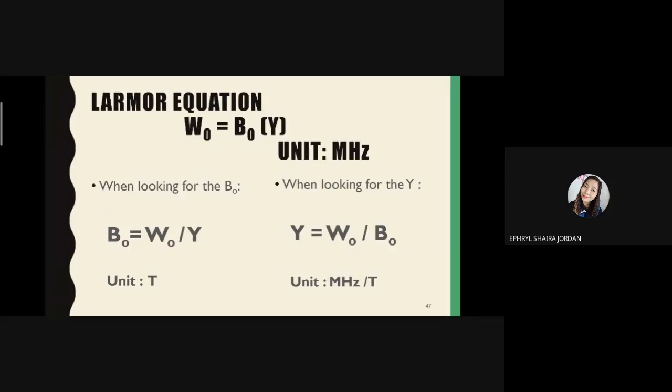If we are going to look for the B0, this is the formula: W divided by Y. So the unit will be Tesla. And when we are going to look for the Y or the gyromagnetic ratio, we will divide W by B0.